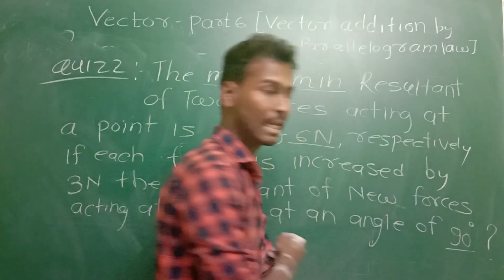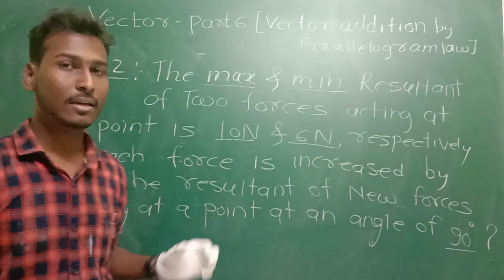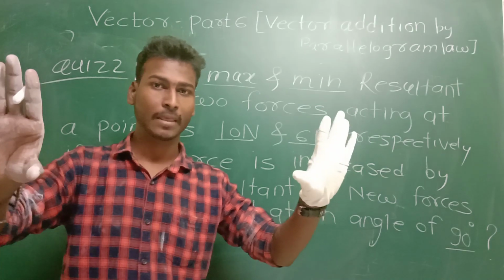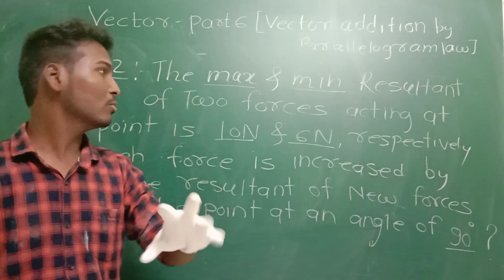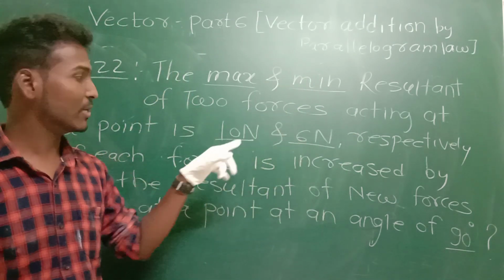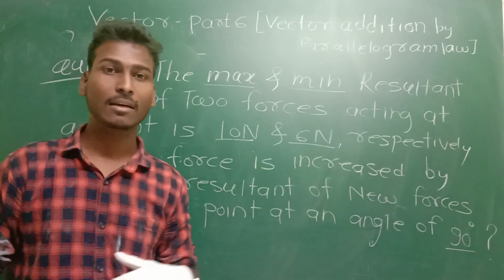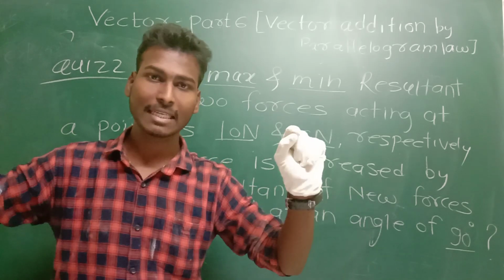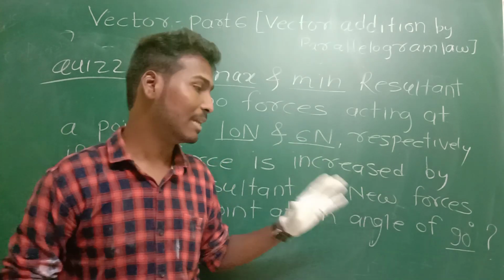The clue is that you have to take the initial two vectors, F1 and F2, whose maximum and minimum resultants are 10 and 6, and after that add F1 plus 3 and F2 plus 3. At that time, what will be the resultant if theta is 90 degrees?